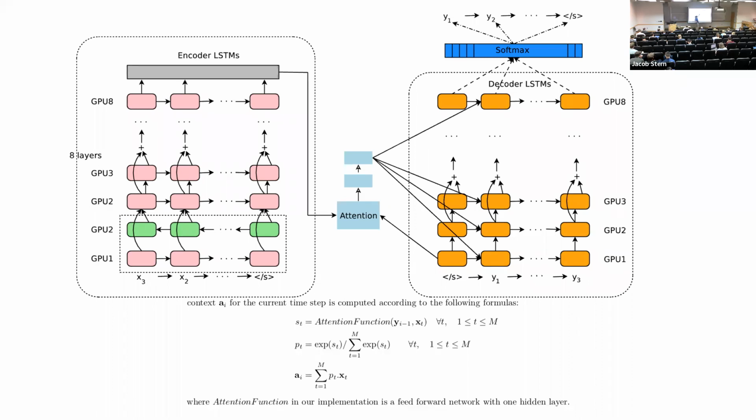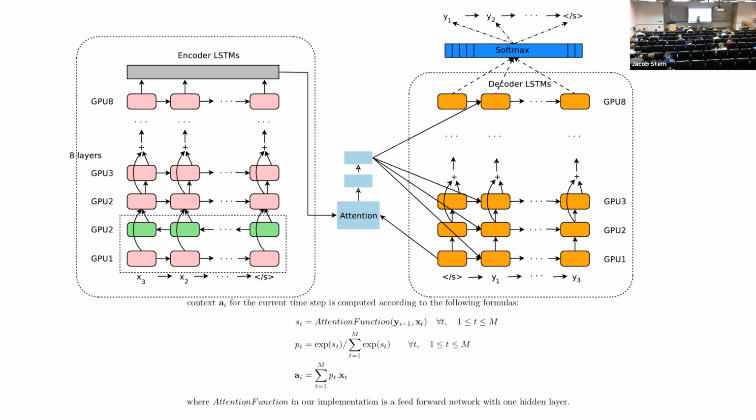That is what this blue box is right here. This blue box is a1 and is being used to predict y1. To do that, we have another LSTM, and this one is unidirectional because we're decoding left to right.